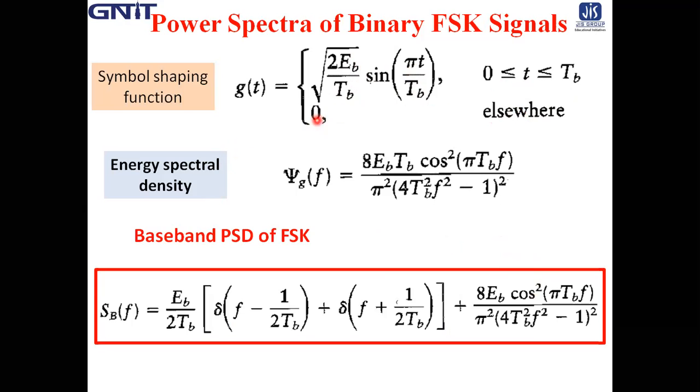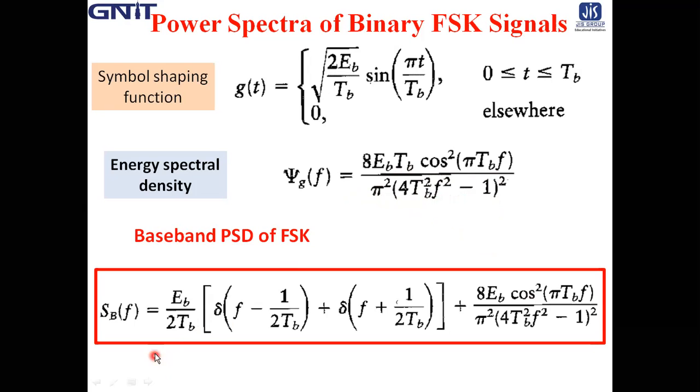Therefore, the energy spectral density of this symbol, psi g(f), is equal to 8 EB TB cos square(pi TB f) divided by pi square (4 TB square f square minus 1) whole square. So accordingly, the baseband power spectral density of binary FSK equals the sum of the power spectral densities of these two components.